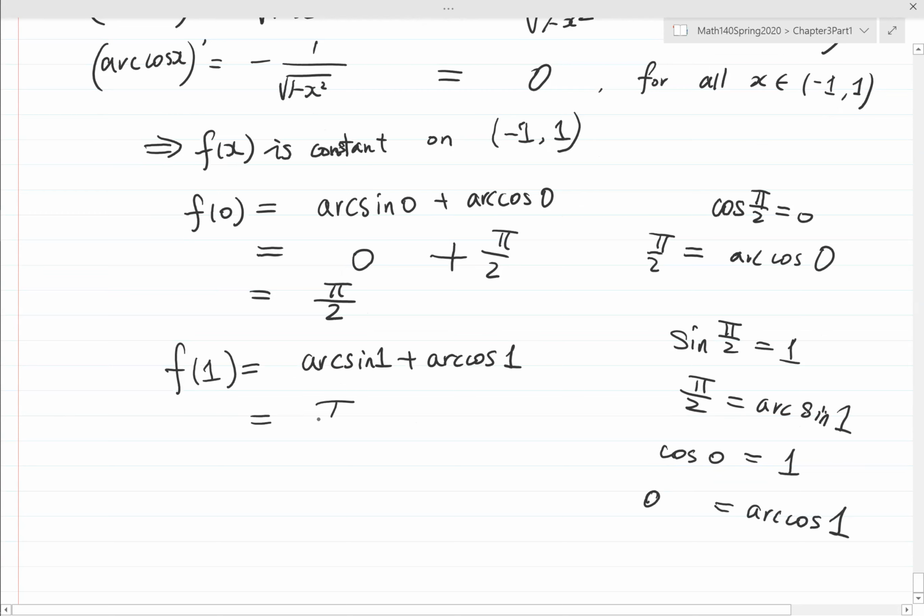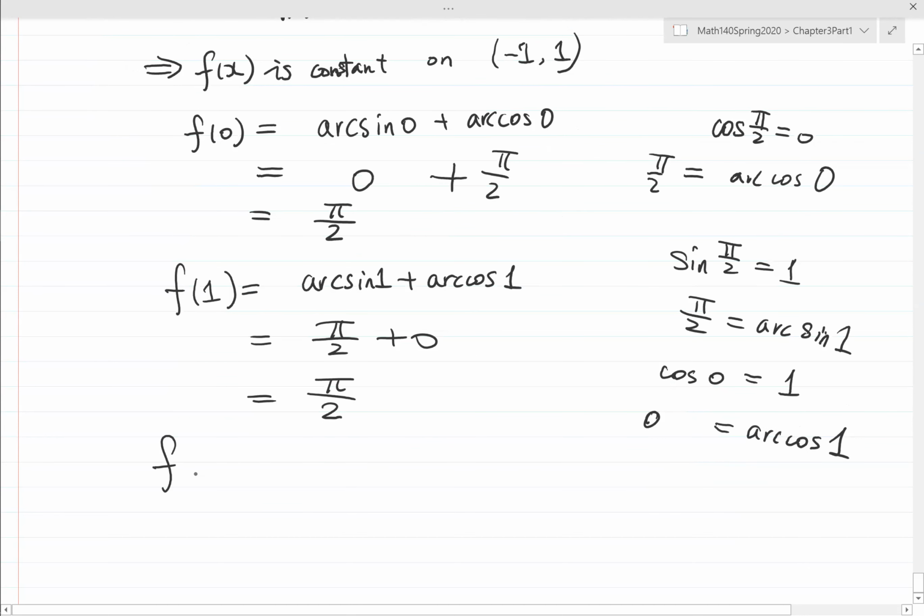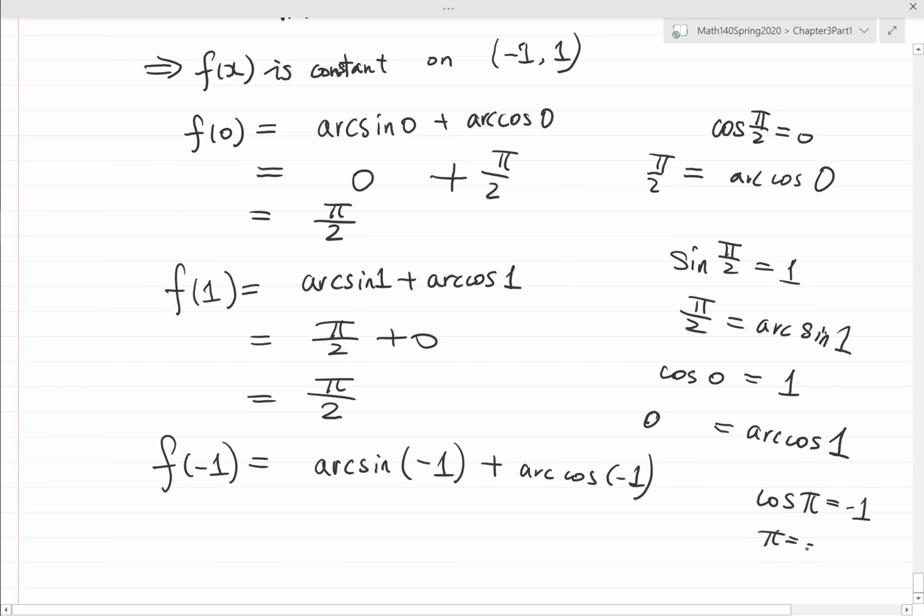So this is pi over 2 plus 0, then we get again pi over 2. Similarly, f(negative 1) is arcsine of negative 1 plus arccosine of negative 1. Remember, cosine pi is negative 1, so pi is arccosine of negative 1.